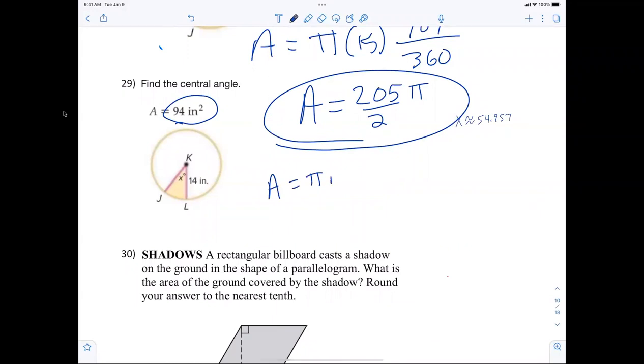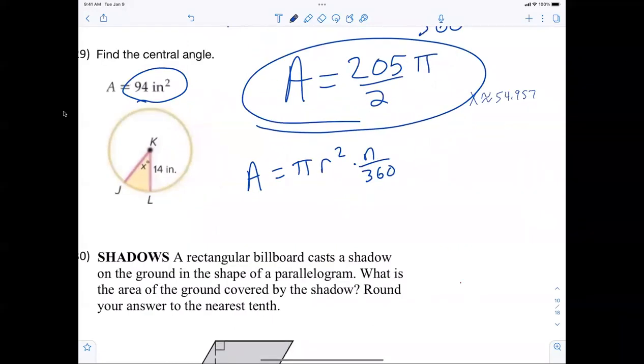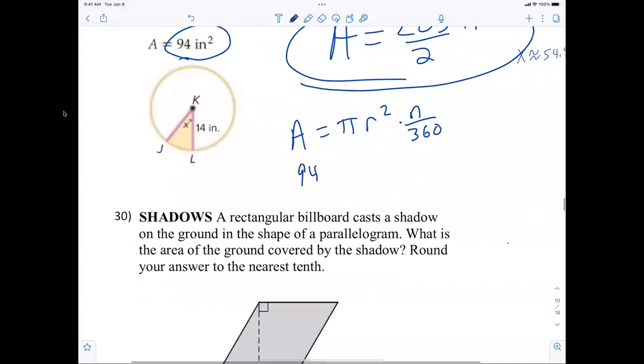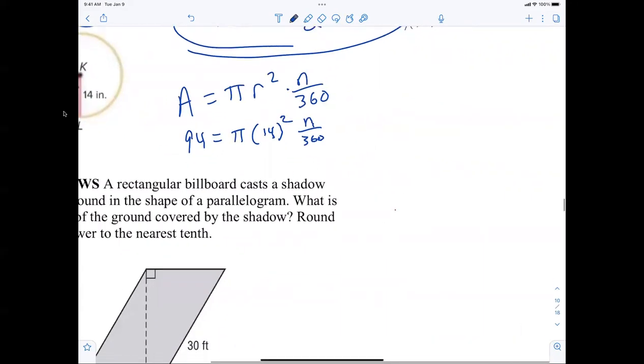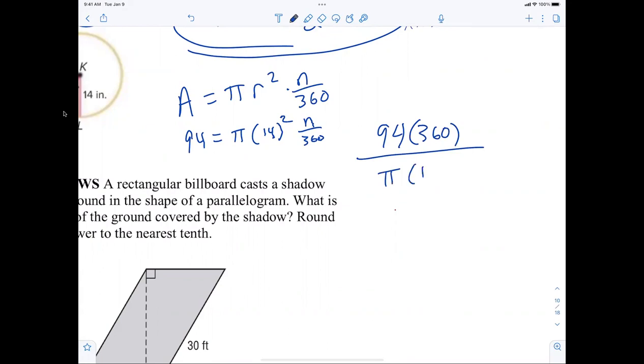And 360. Yeah, guys, this is just the algebra part. 94 is equal to pi times 14 squared times n divided by 360. Please, everybody should be able to look at that and say that's just 94 times 360 divided by pi times 14 squared. That's the number of degrees.